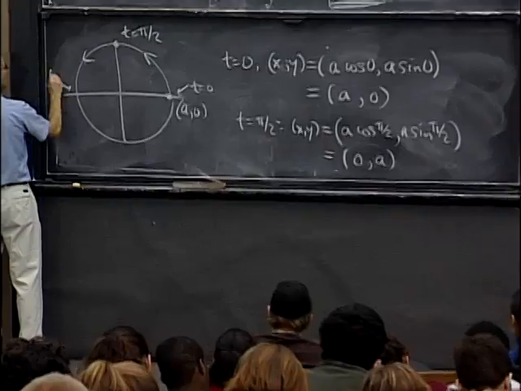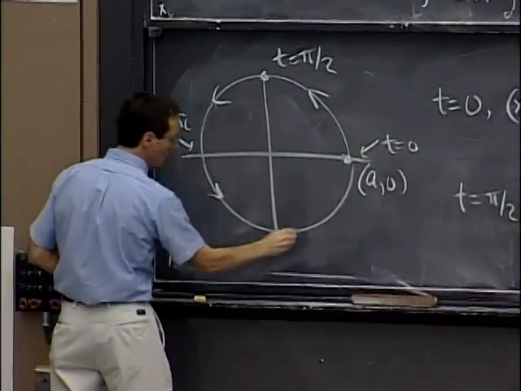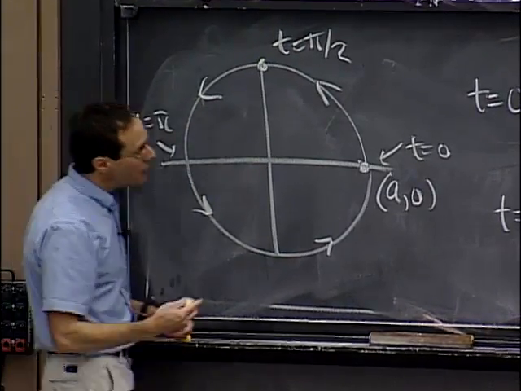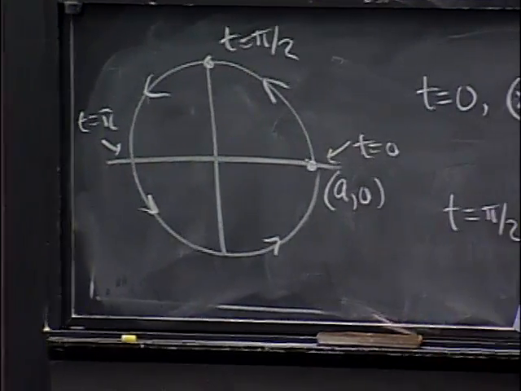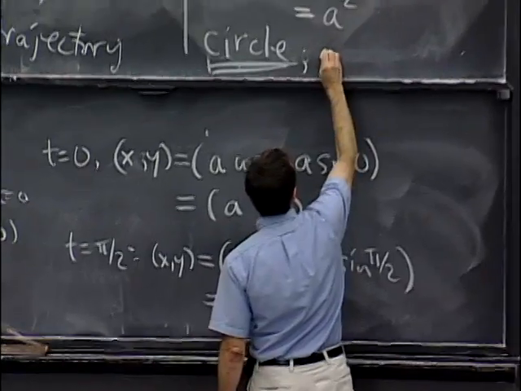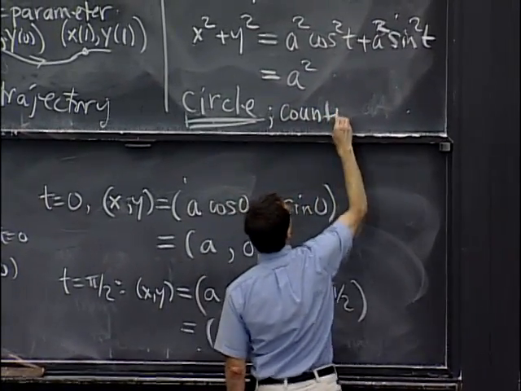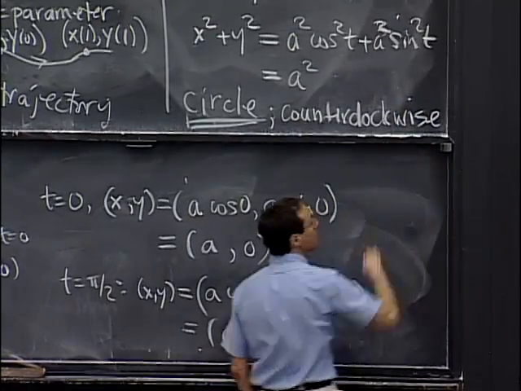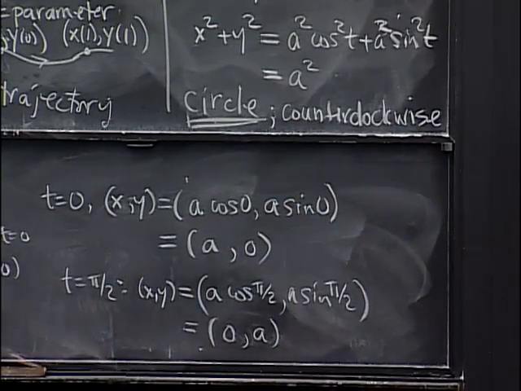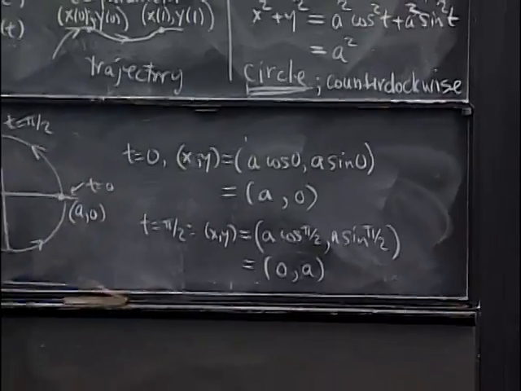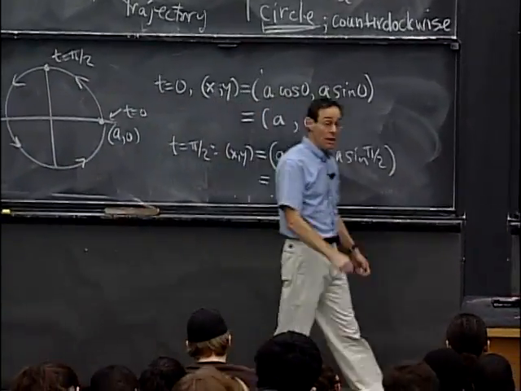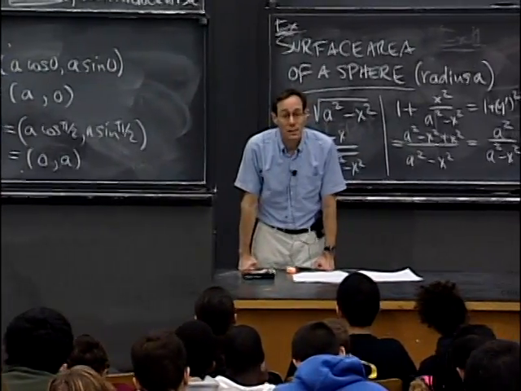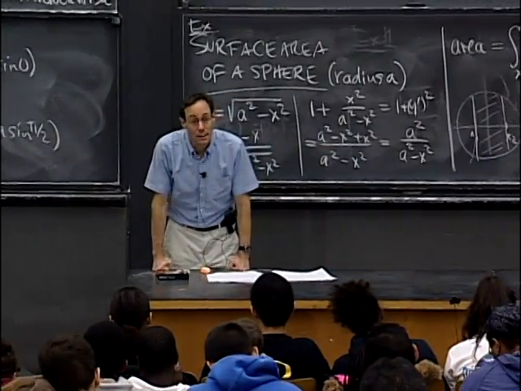This turns out to be t equals pi, etc., and it repeats at t equals 2 pi. The other feature that we have, which is a qualitative feature, is that it's counterclockwise. Now the last little bit is going to be keeping track of the arc length, and we'll do that next time.